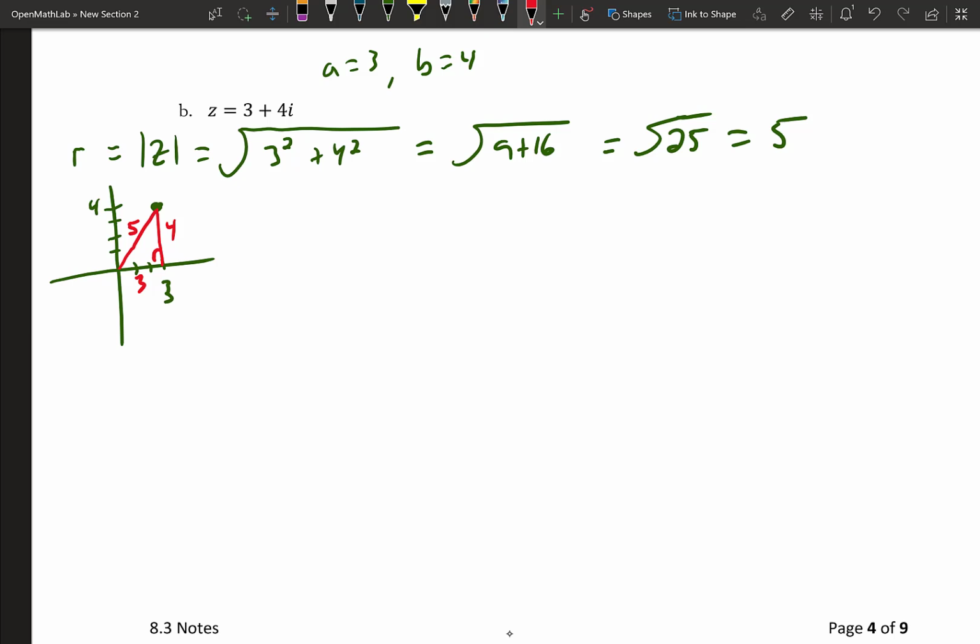In other words, to find the angle, I want to know this angle theta. So I could say that tangent of theta is equal to the opposite over the adjacent, so 4/3. That tells me that the inverse tangent of 4/3 is equal to theta.